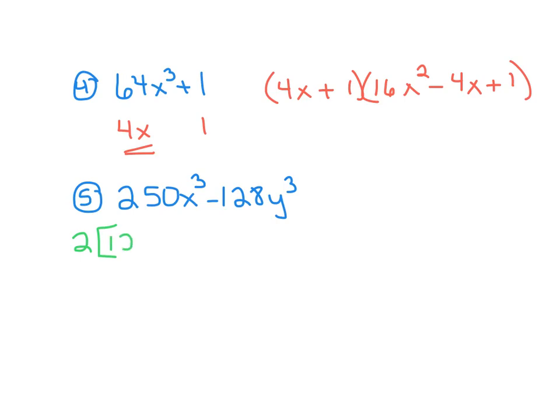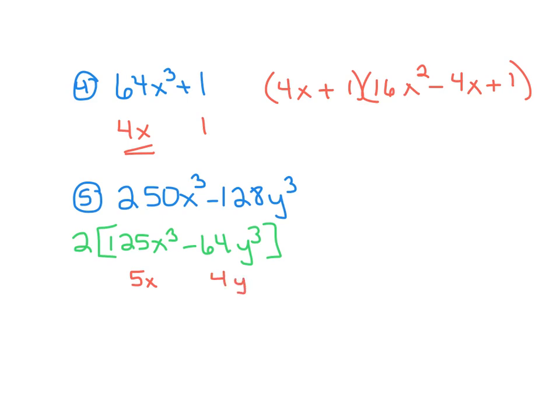So 125x cubed minus 64y cubed. Now you start the whole SOAP process. 125, that would be 5x, 64, that would be 4y.